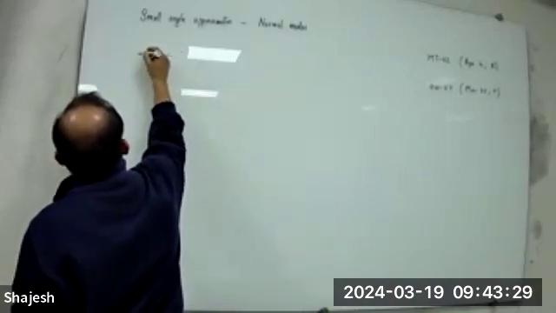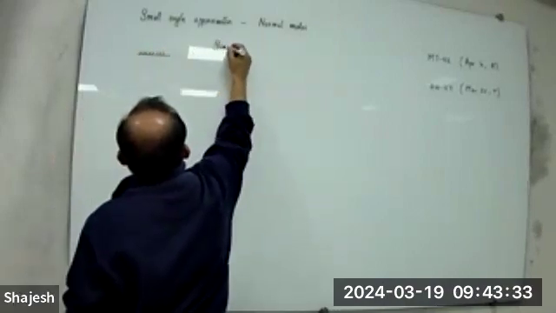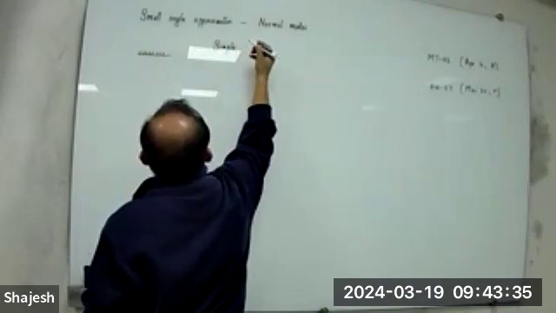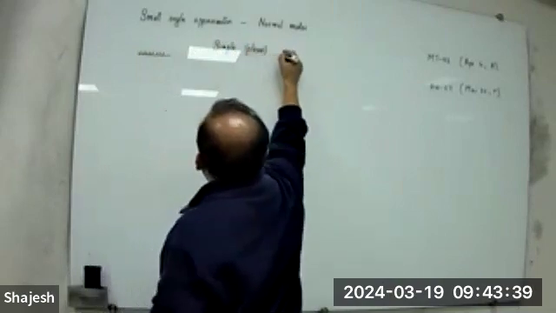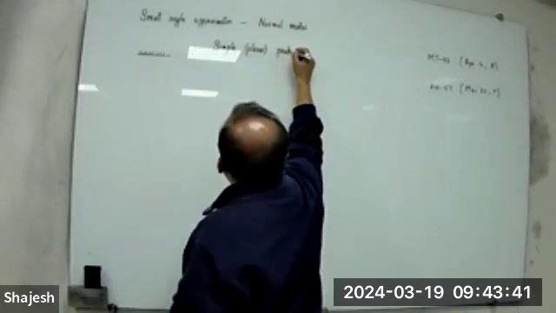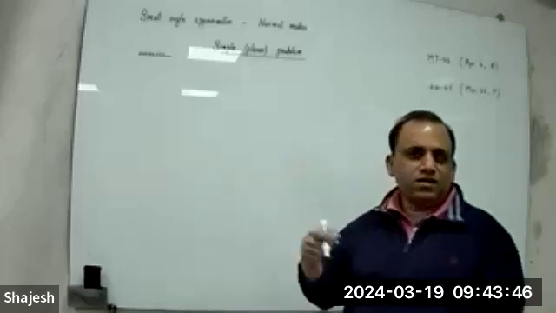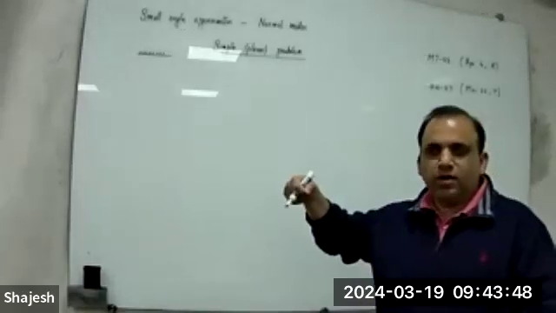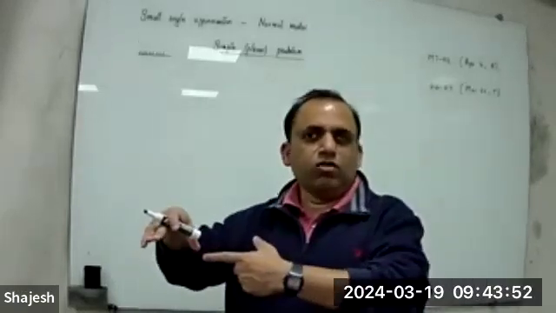So let's quickly get the Lagrangian for the equations of motion. We are talking about a simple planar pendulum. By planar, what I mean is that when I pull the pendulum and let it go, I'm not giving it any horizontal velocity.